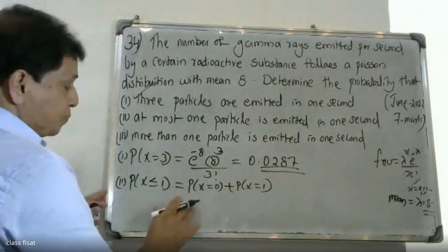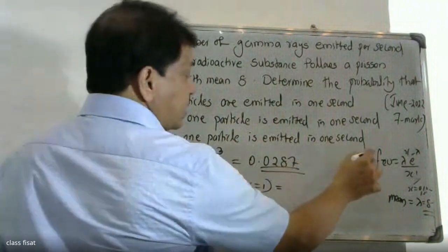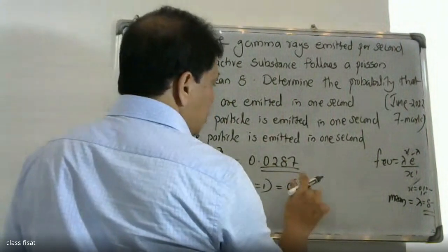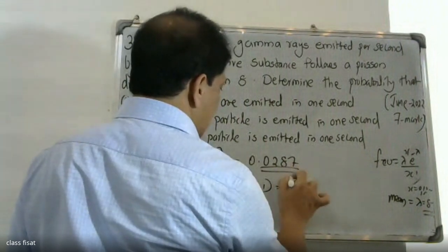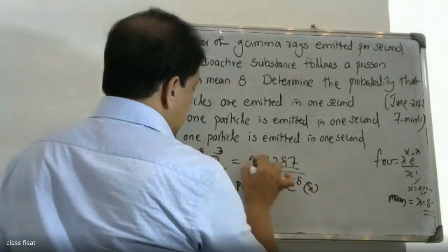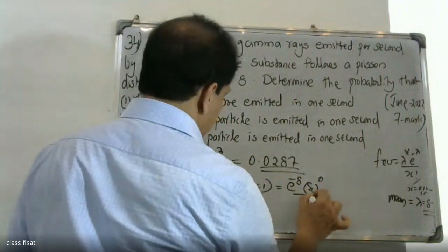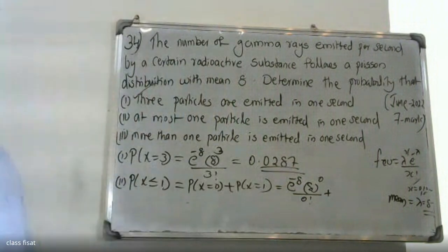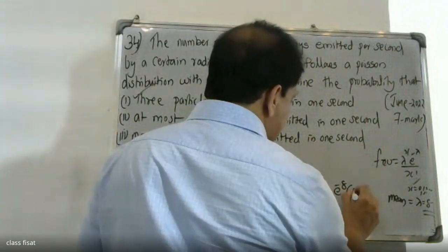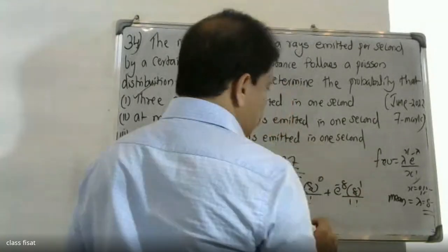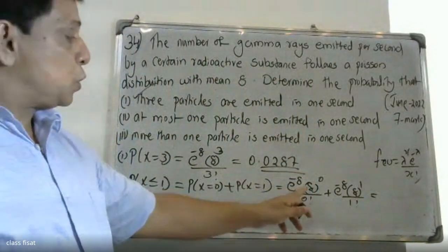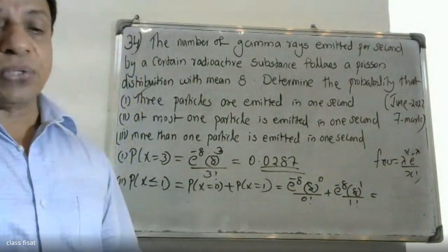That is e raised to minus 8 into 8 raised to 0 divided by 0 factorial, plus e raised to minus 8 into 8 raised to 1 divided by 1 factorial.